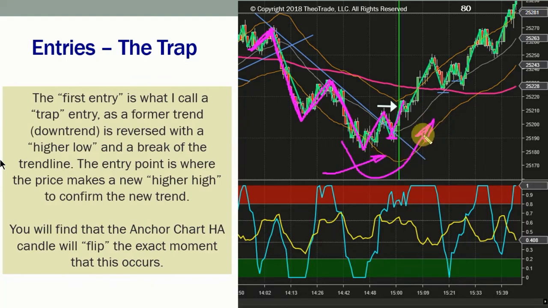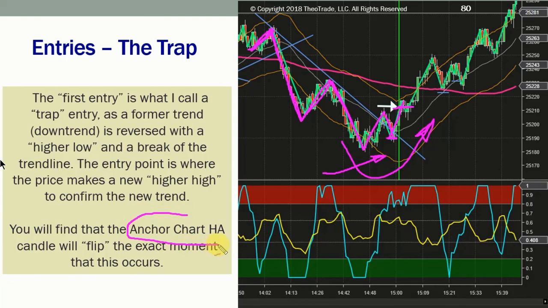So I'm catching this, and this is where I'll use a buy stop entry. Remember we talked about the buy stop entries on the dome. I will use a buy stop entry right there. I will take myself into that new uptrend. I won't chase it. I'll simply put the buy stop entry at a place where I would be filled, and say, take me into this trade.